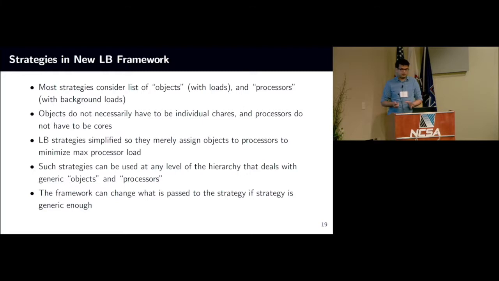So we can now put these strategies on any level of a hierarchy, as long as they deal with generic objects and generic processes. You can still make load balancers that deal with specific things that the load balancing framework won't lie to you about, basically. But it gives you more flexibility, and it lets the strategies be used more flexibly.